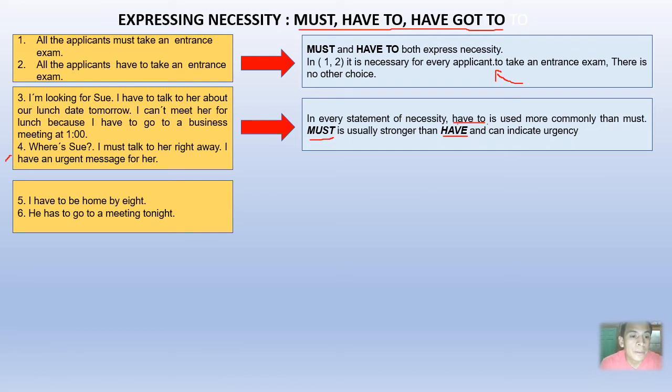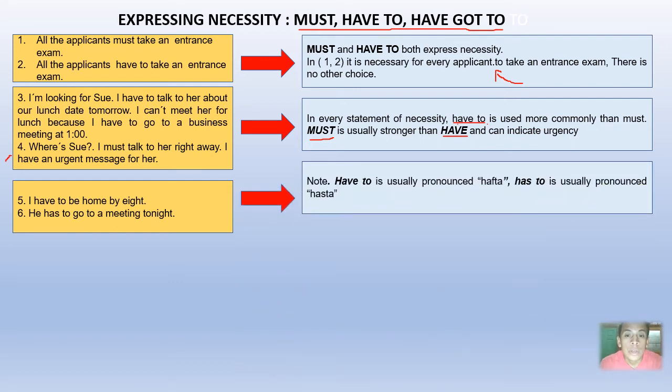In this part, we have another couple of examples. Number 5, I have to be home by 8. Number 6, he has to go to a meeting tonight. Note have to: this modal is usually pronounced "hafta", and has to is usually pronounced "hasta".